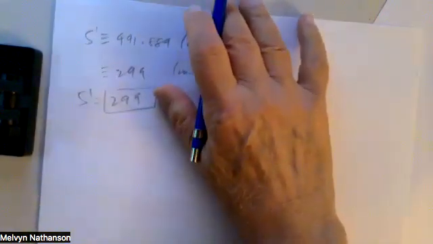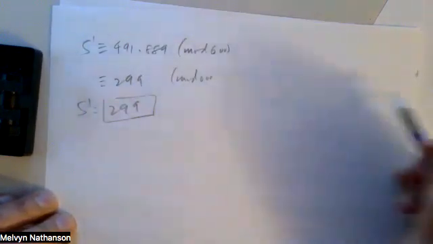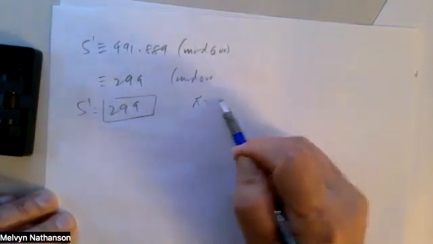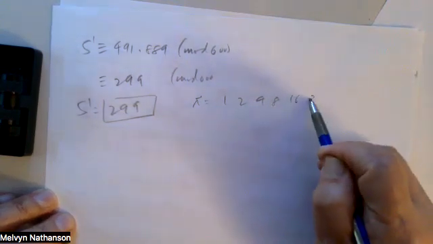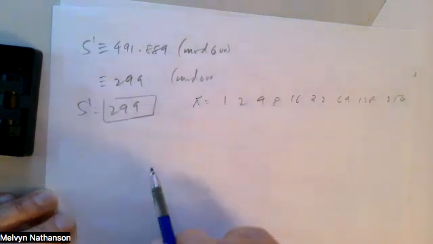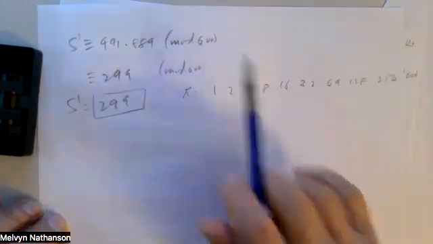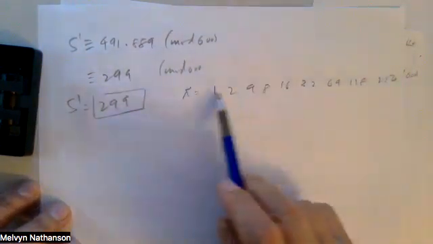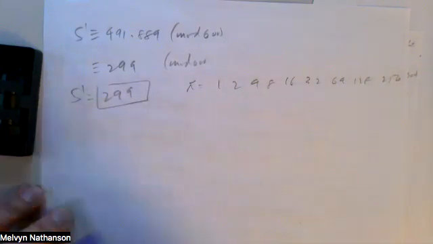And then I have to decipher that. So remember, what is my sequence of R's? It's 1, 2, 4, 8, 16, 32, 64, 128, 256. How do I write 299 as a sum of numbers in this sequence? You do it by the greedy algorithm.